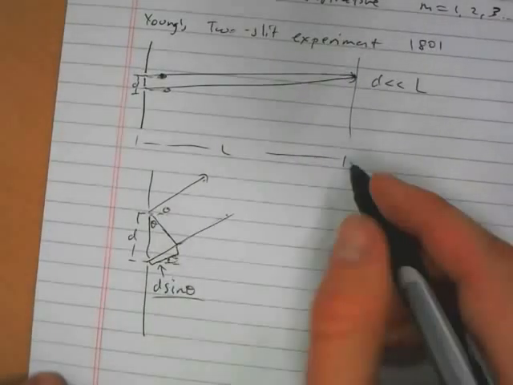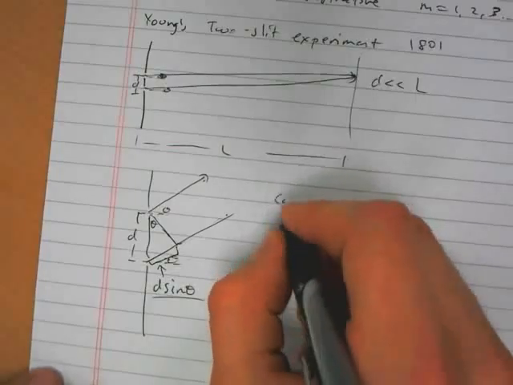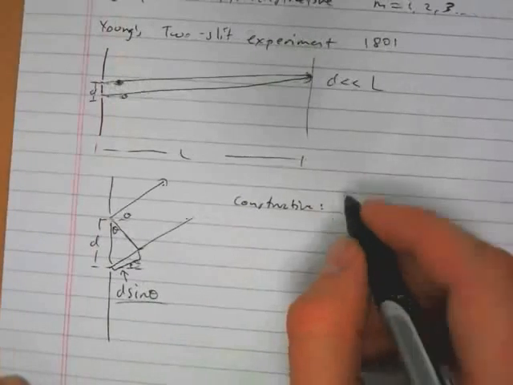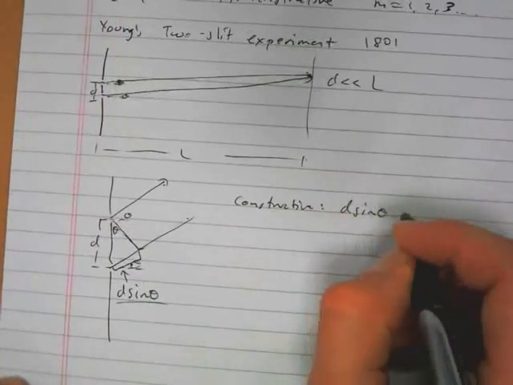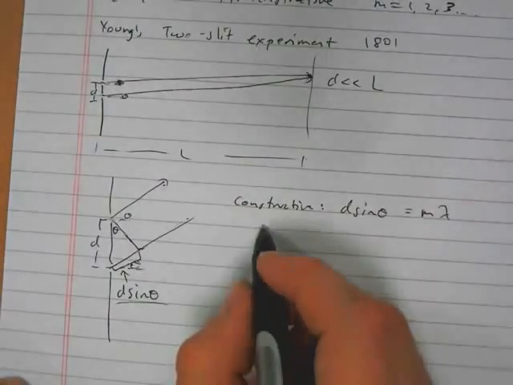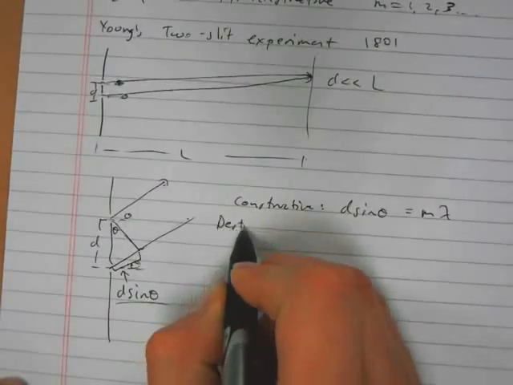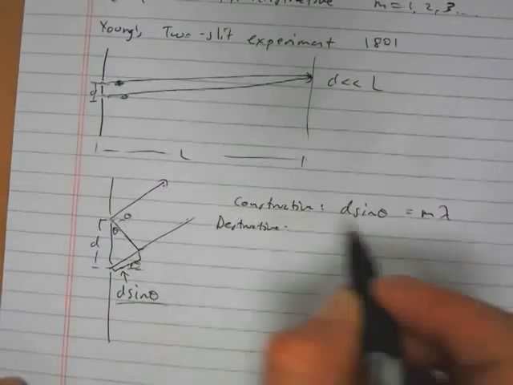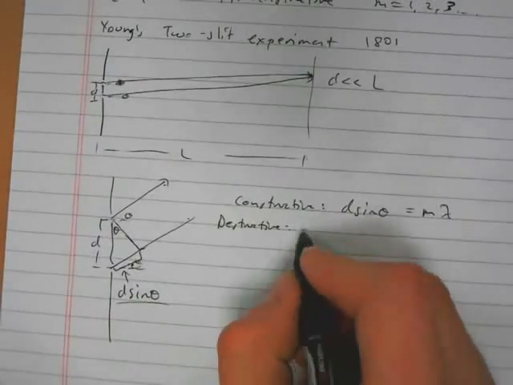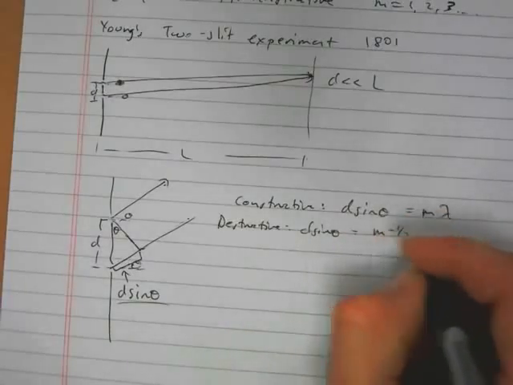And if that's our path length difference, constructive interference happens where d sine theta is equal to m lambda, and destructive interference happens where d sine theta is m minus a half lambda.